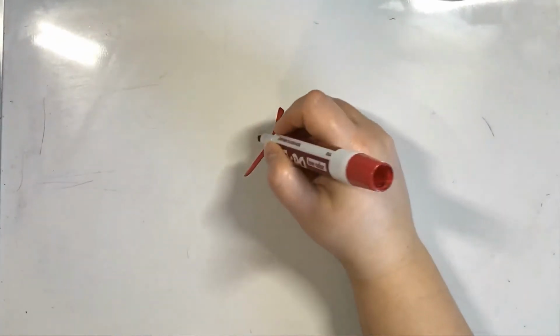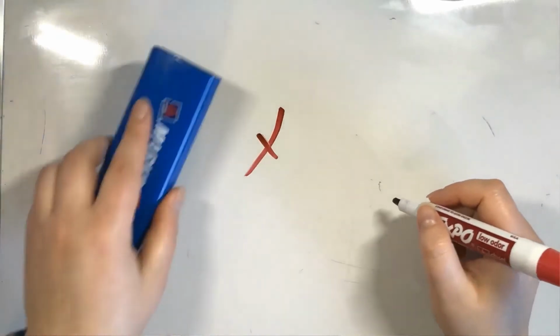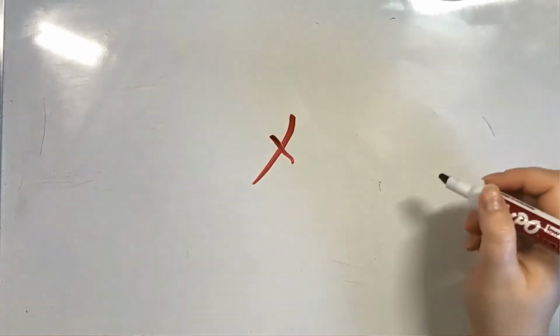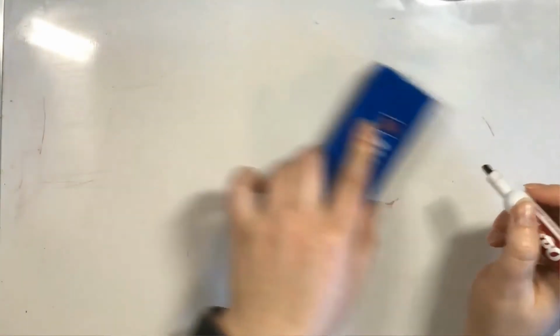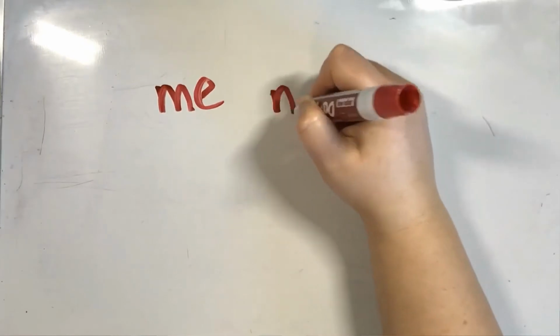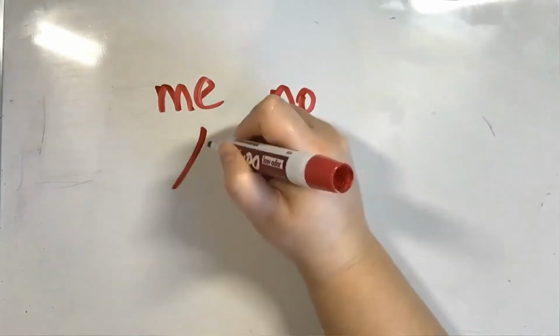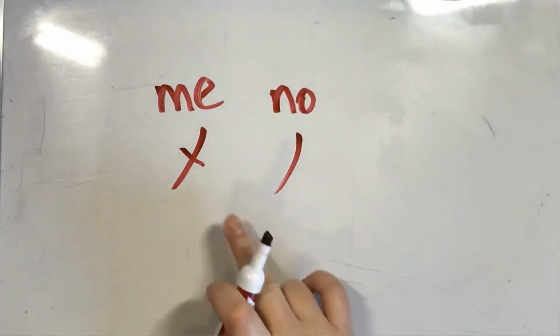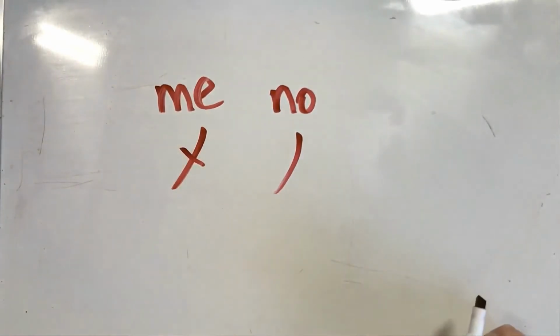Line going down, and through. Down and through. So again, showing the difference between me and no. It could be very easy to mix up if you aren't careful about that little line that goes across.